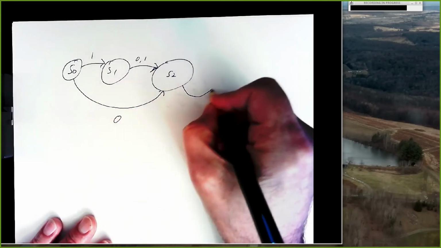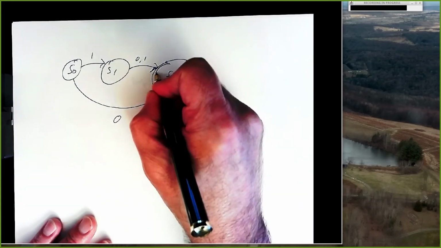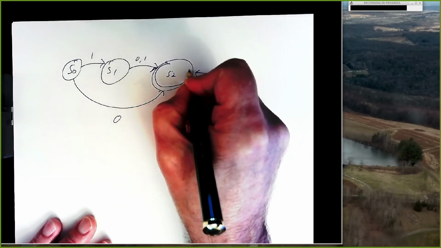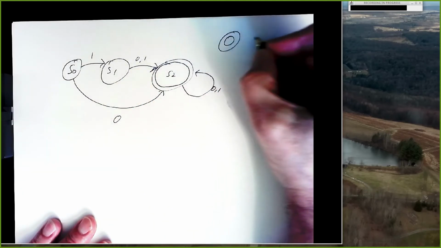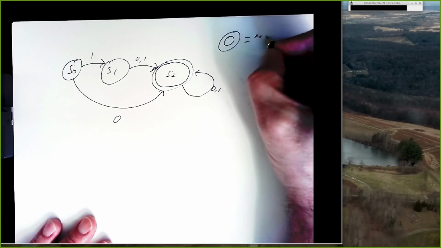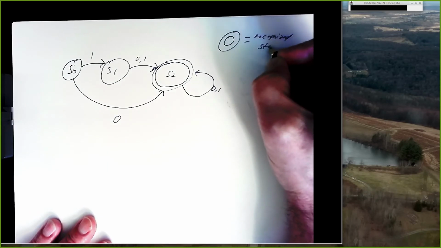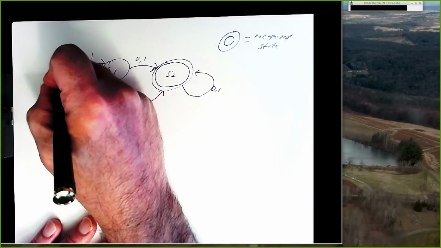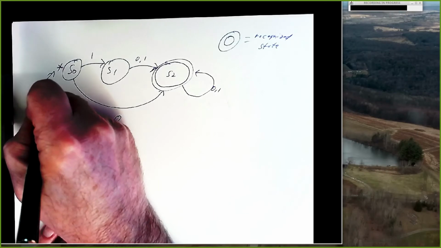And in state S2, if we have a 0 or a 1, we'll stay in state S2. But I'm going to draw this state with a double circle. And so a state with 2 circles is what we call a recognized state. And I'm going to put a little asterisk here, and the asterisk means this is the initial state.